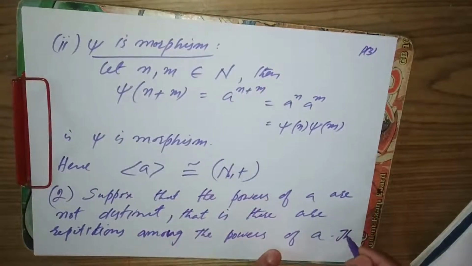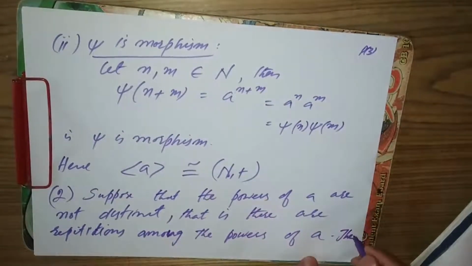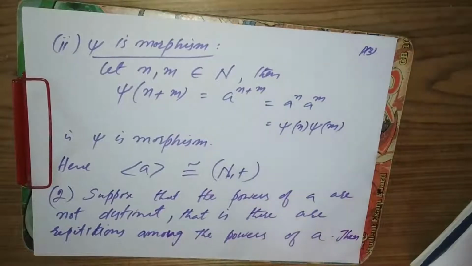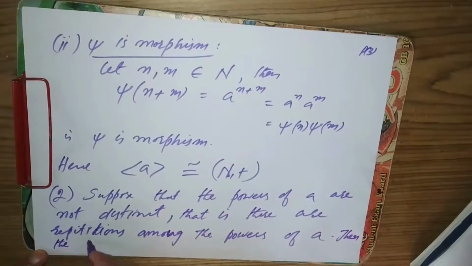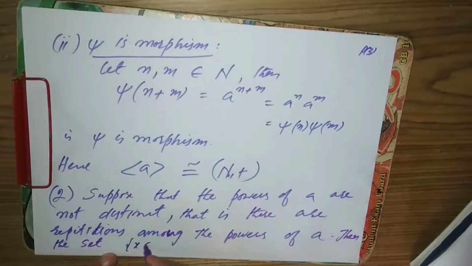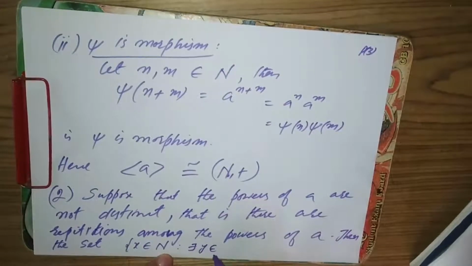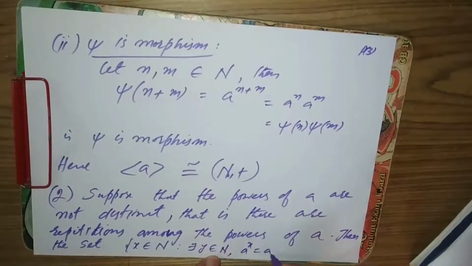Then consider the set of x belonging to N such that there exists y in N with the property that a power x is equal to a power y, where x is not equal to y.